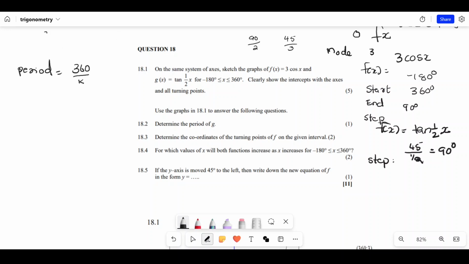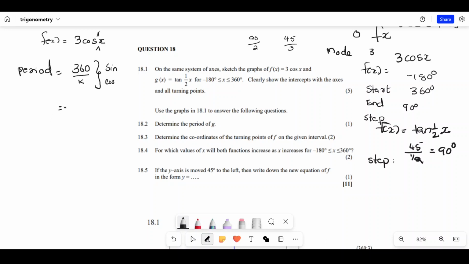So here f of x is 3 cos x, so this is the k. Here the k is 1. Coefficient of x is the k. So period is 360 over k for all the sine and cos functions.